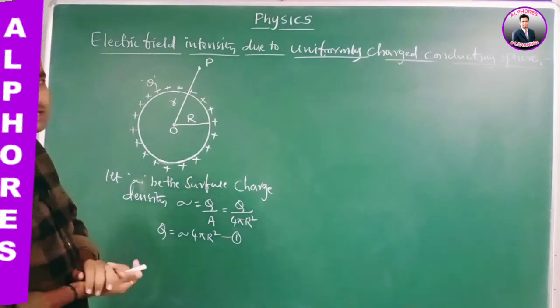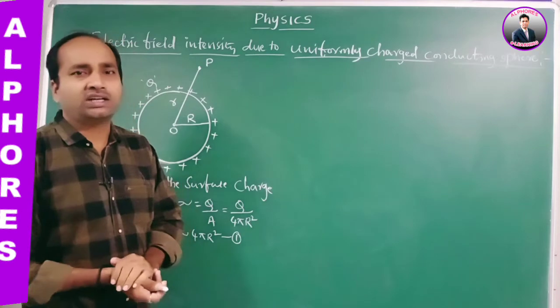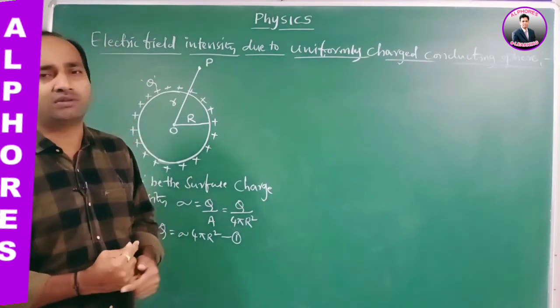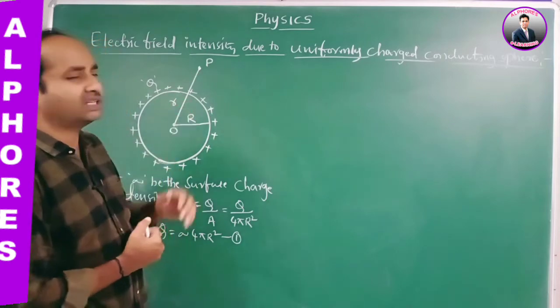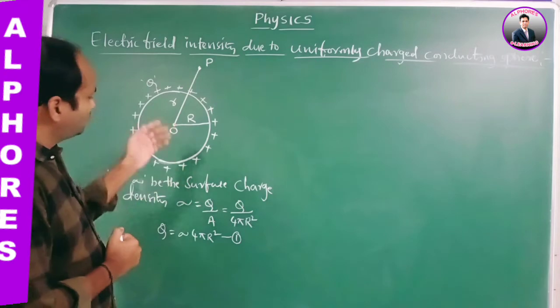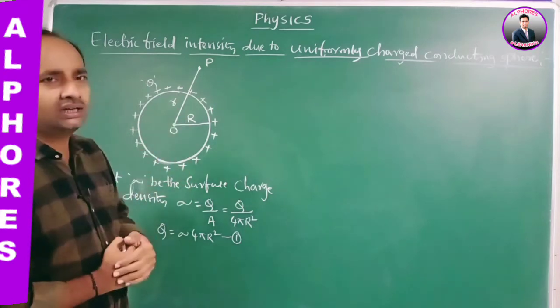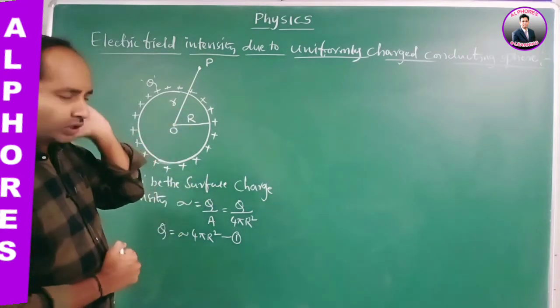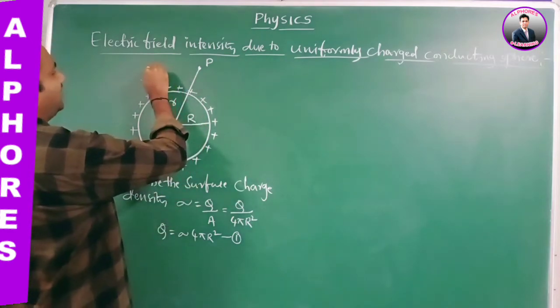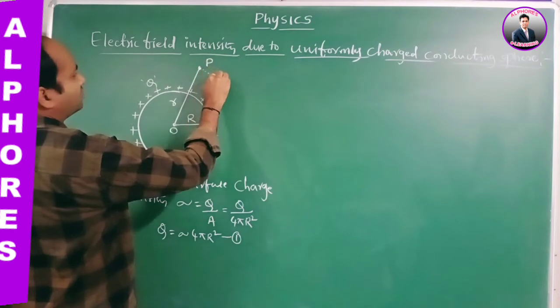What is the Gauss law statement? The total electric flux passing through any closed surface is equal to 1 by epsilon naught times the net charge enclosed by the surface. So here we should take a closed surface. Let us consider a closed surface in the form of a sphere of radius small r.